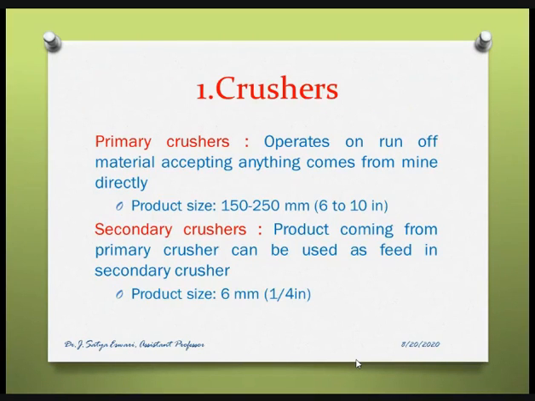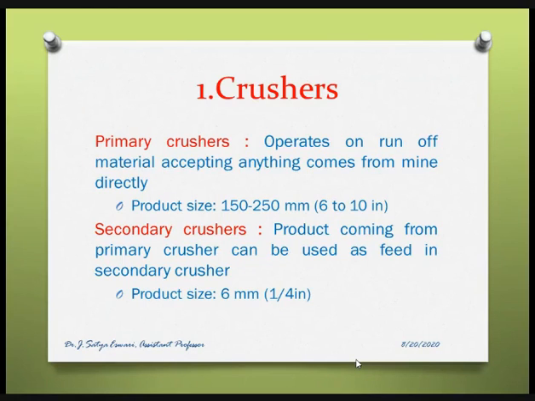Crushers are divided into primary crushers and secondary crushers. Primary crushers operate on 150 to 250 mm feed, and the product can be around 150 mm or nearby. Whereas for secondary crushers, the product size will be 6 mm. If it is less than 6 mm, it goes to grinders.